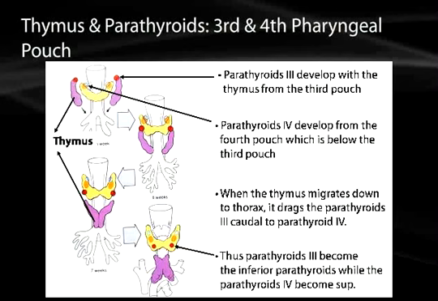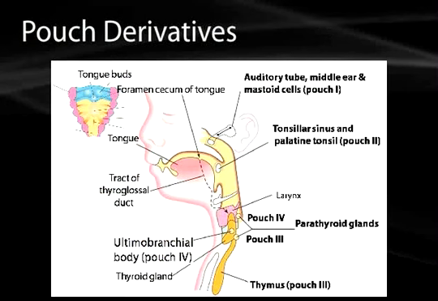And after 6 weeks or so, you can see how they've migrated into their final position, with the thymus below the thyroid and the parathyroids being in their changed relative position. So here you can see in words what we've just talked about in graphic format.